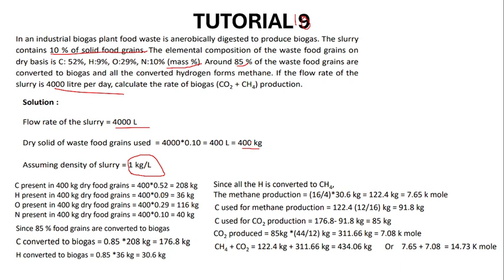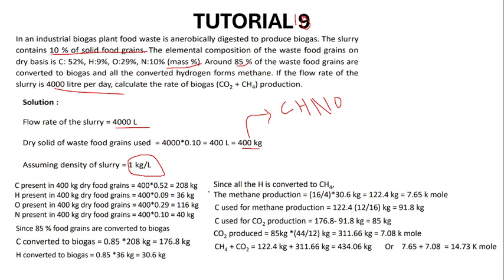Now, in this 400 kg, how much kg of hydrogen, how much kg of carbon, nitrogen, and oxygen are present is calculated. Since we know the mass percentage of the CHON, just multiply the 400 into the respective mass percentage to obtain the mass of carbon, hydrogen, oxygen present in this 400 kg of dry grain.